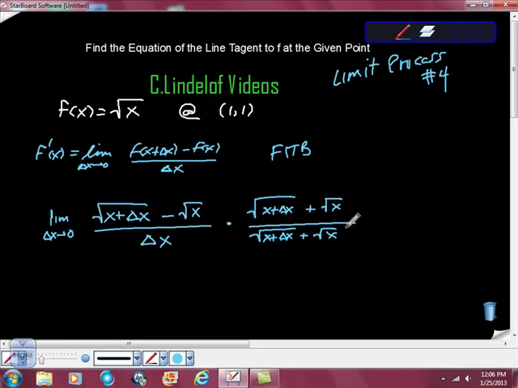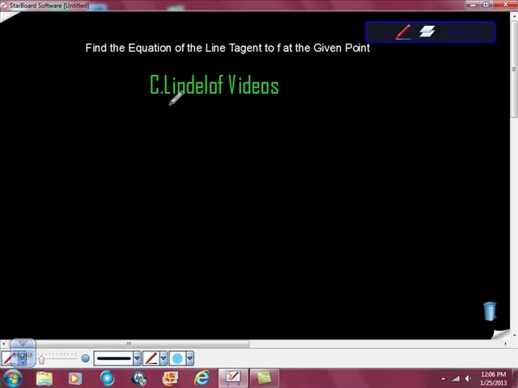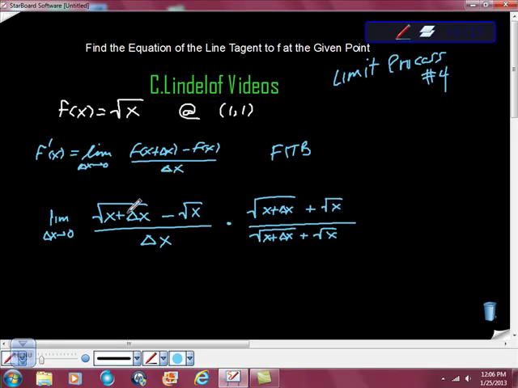What I want you to avoid doing is distributing the numerator of the first term into the second one. Don't do that. But look what you're going to get. When you multiply these things out, you're going to get this thing squared minus this thing squared, aren't you? Can you see it?